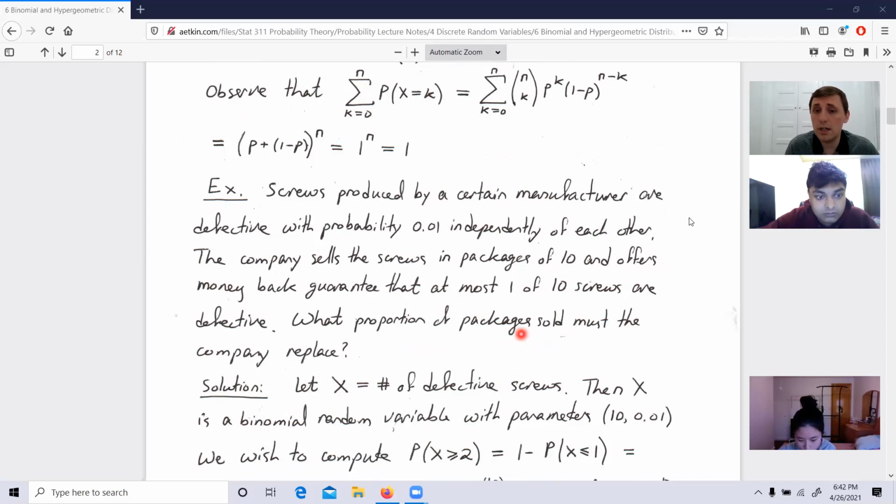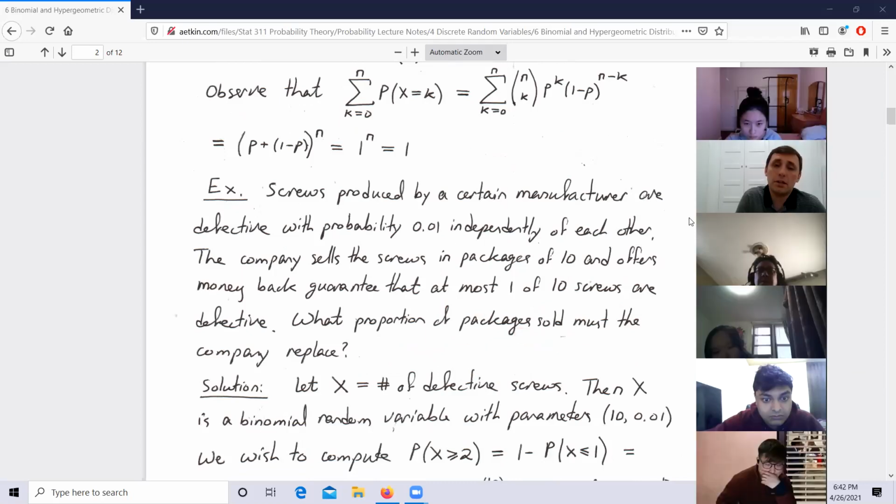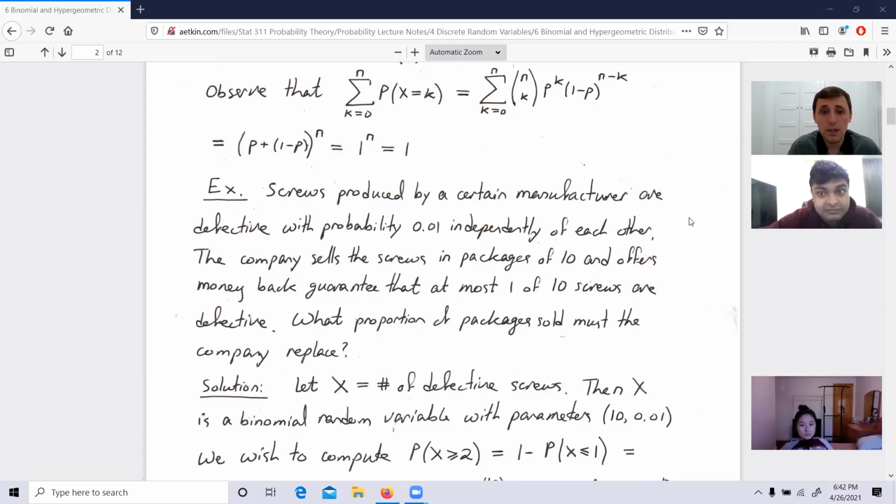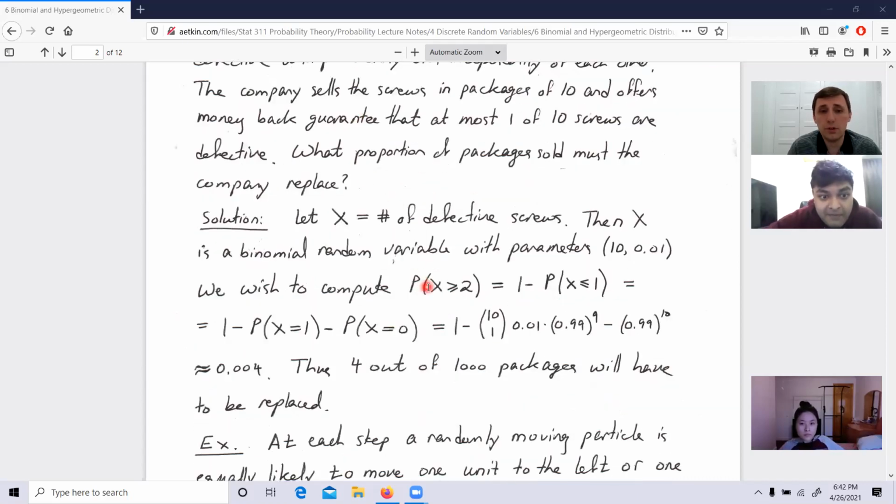Okay, so you see, you either can have 0 defective screws or 1 defective screw. Otherwise, you have to replace. So the question is, what's the probability that you have to replace a package? Let X be the number of defective screws. I have to replace the package if X is bigger than or equal to 2.